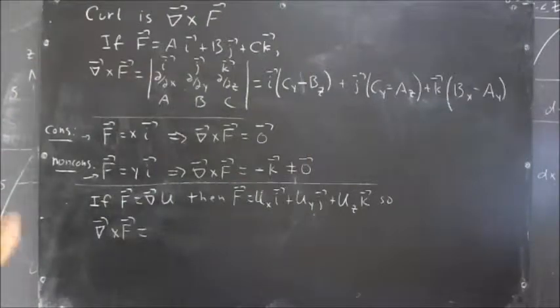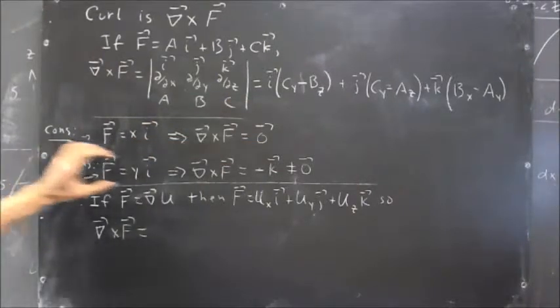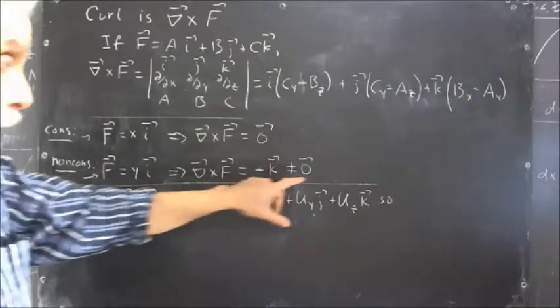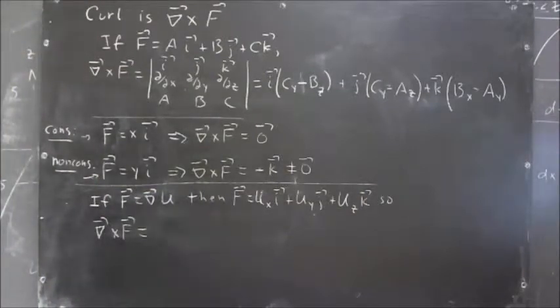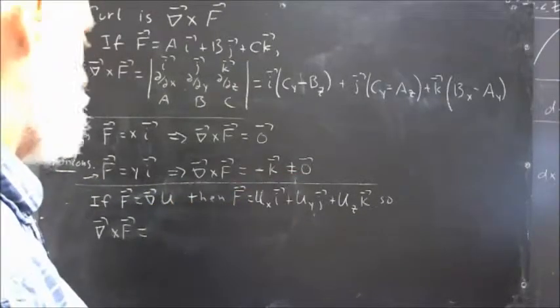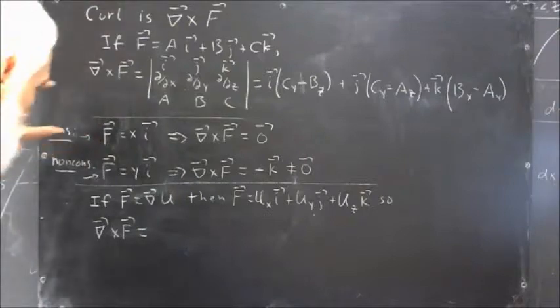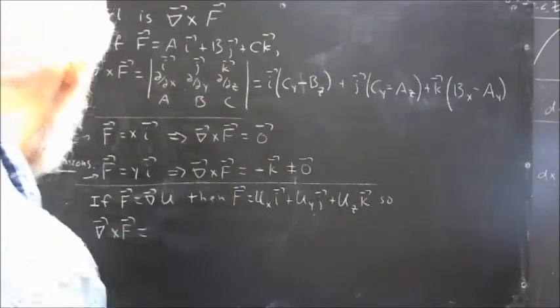So we've shown in two examples that the curl of a conservative function is 0. The curl of a non-conservative function, at least this non-conservative function, is not equal to 0. We can prove in general that the curl of a conservative function is equal to 0. Okay?